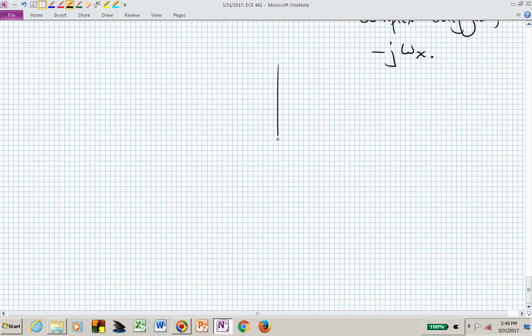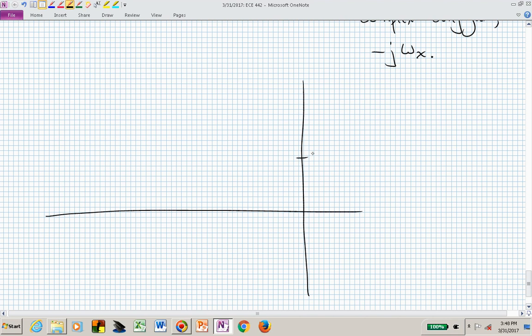Keeping that in mind, let's now look at what we are going to obtain if we look at sampling a sinusoid that has a frequency higher than omega sub s over 2. Let's say here is j omega sub s over 2, and here's minus j omega sub s over 2.